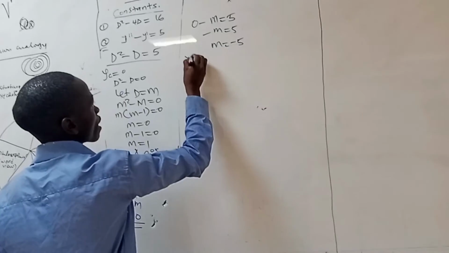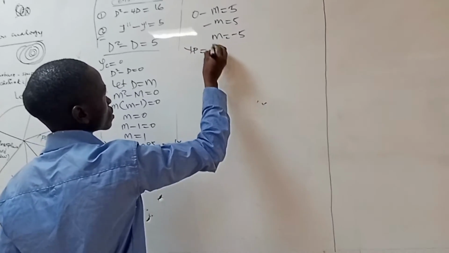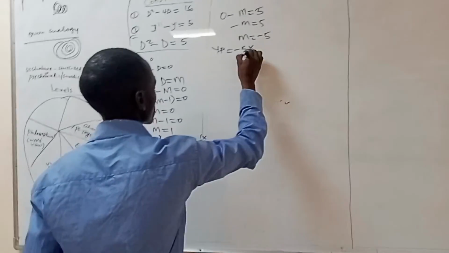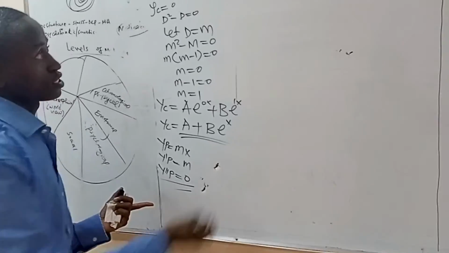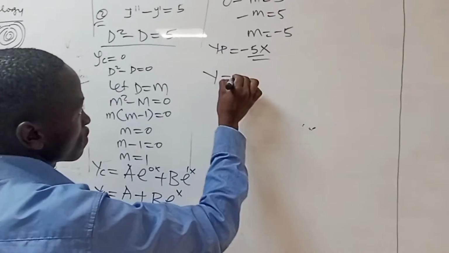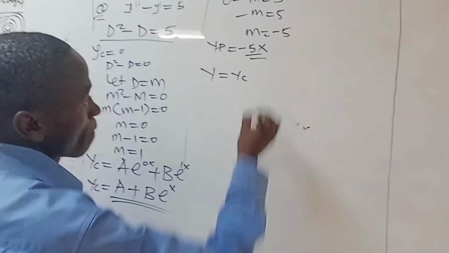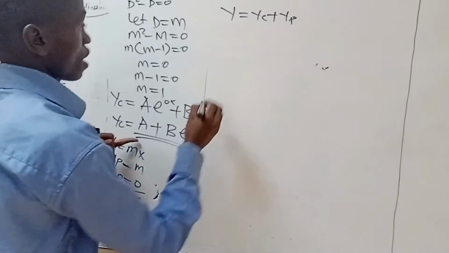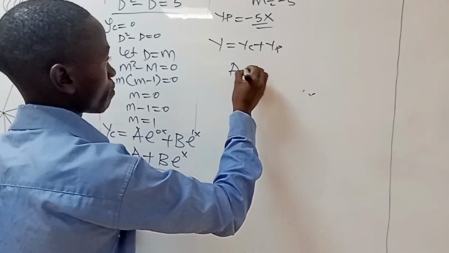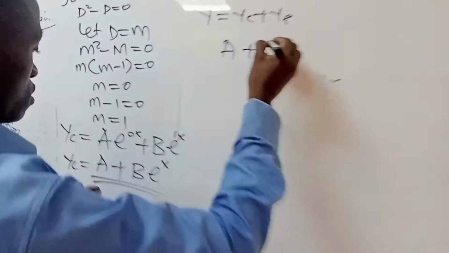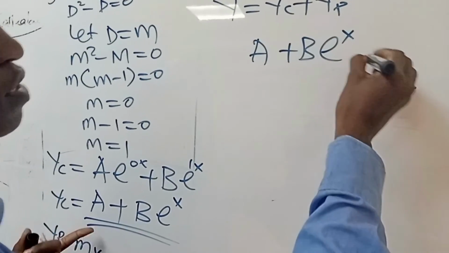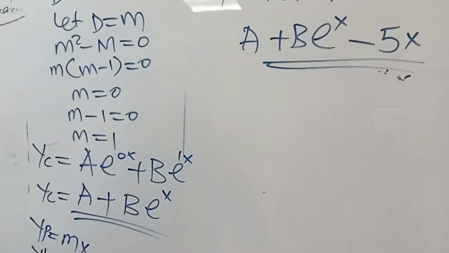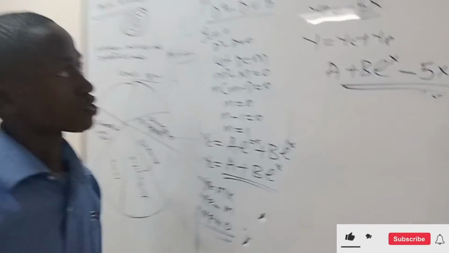So once again, your yp was negative 5x. But your final answer, which is now the general solution, which is always given by y complement plus y particular, you are getting it is a plus b e to the power x minus 5x, and this is the final answer. So that is how you work out with constants.